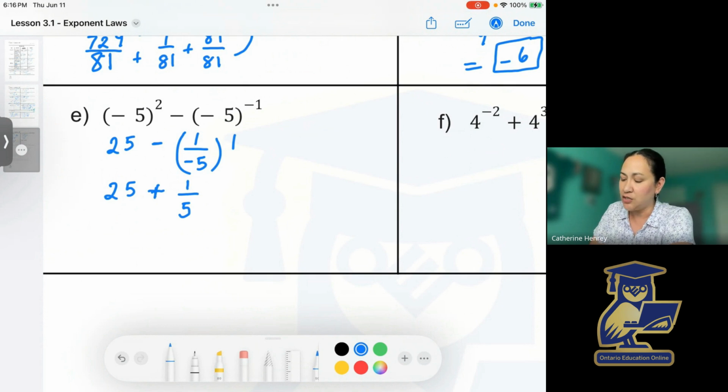Now we're adding fractions again. We have to change this 25 to have a base of 5. And when we do the multiplication, this ends up with 125/5 plus 1/5. And the final answer here is 126/5.